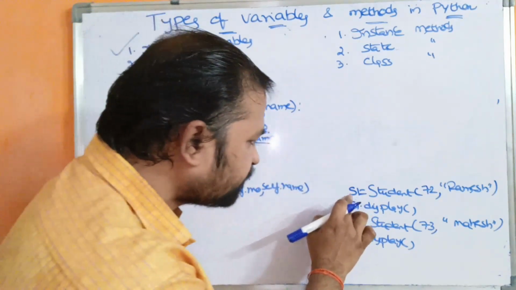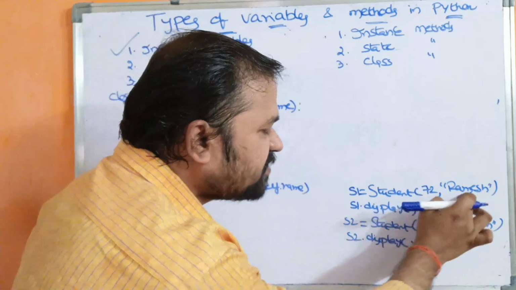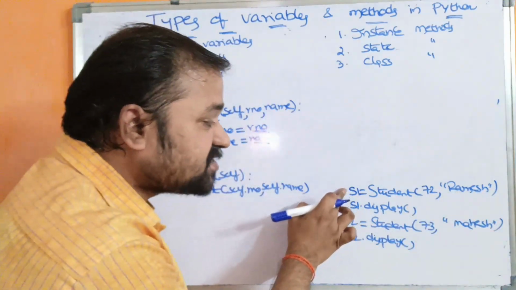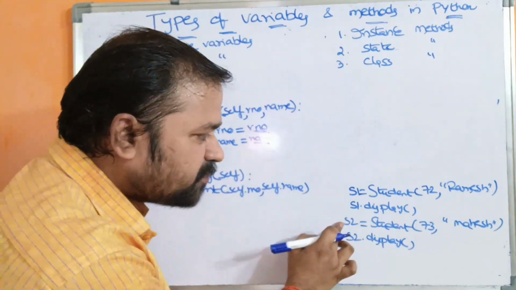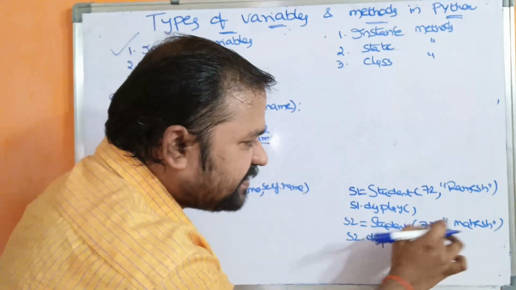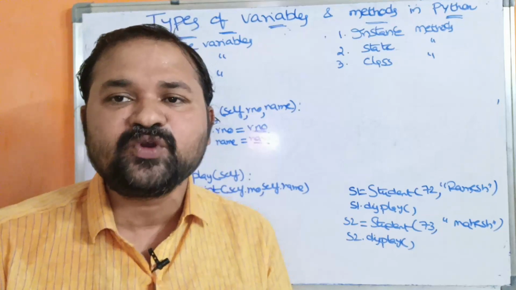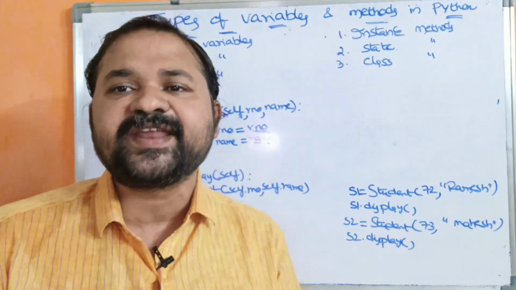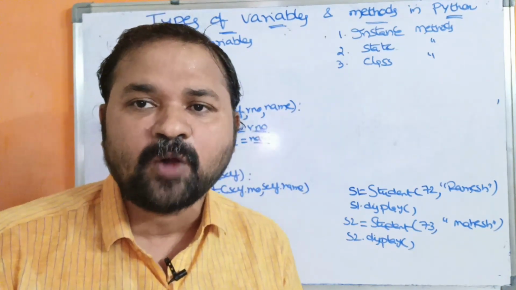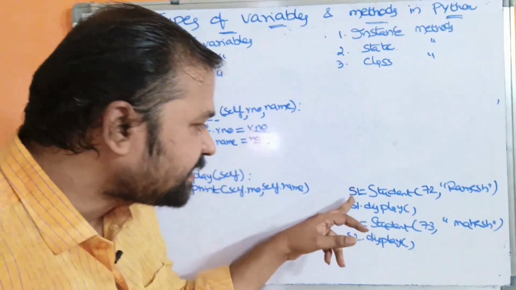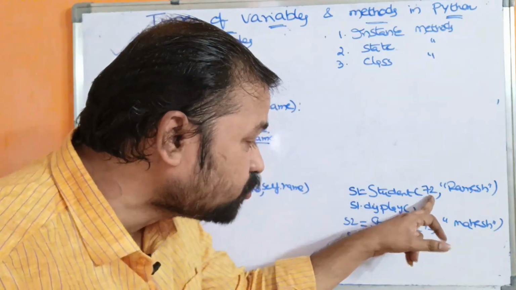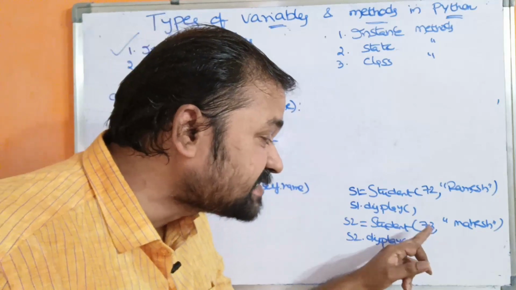So let us see the program. S1 is equal to Student of 72 comma Ramesh. S1 is the object. Let us see the S2 object. S2 object content is 73 comma Mahesh. We can use an instance variable if the value of the variable changes from one object to another object. Here the first object's roll number is 72, the second object's roll number is 73.